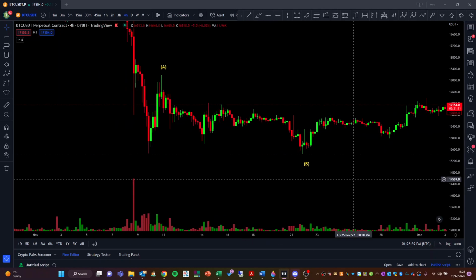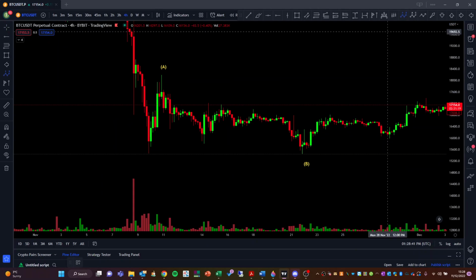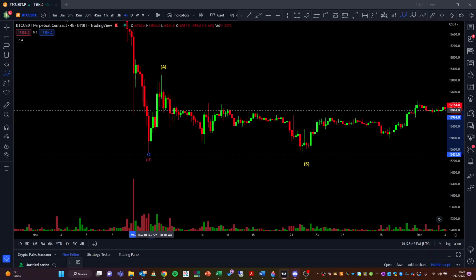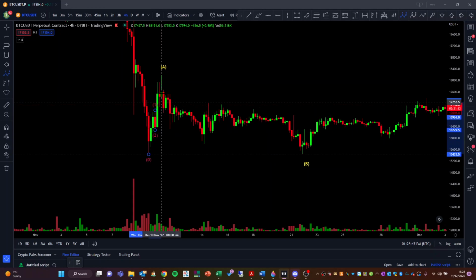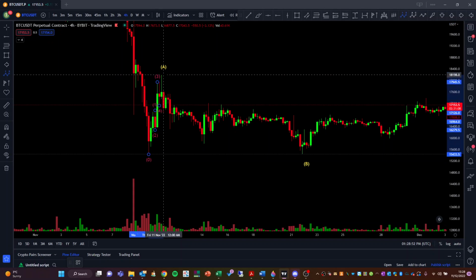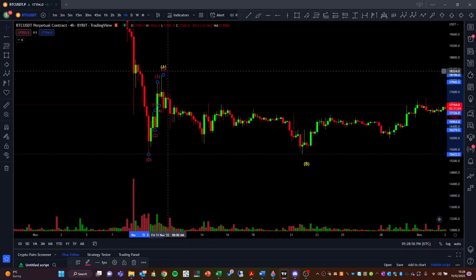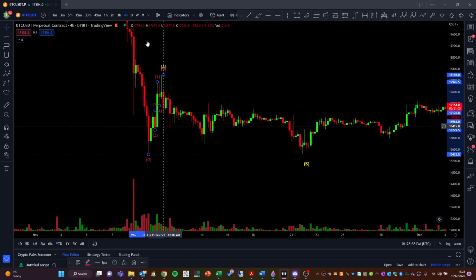So let's do a mini 1 to here, and 2 down there, 3 up to here, 4 down there, and then finishing off with the 5th wave. So you can see we've got 5 waves for your first corrective A wave.